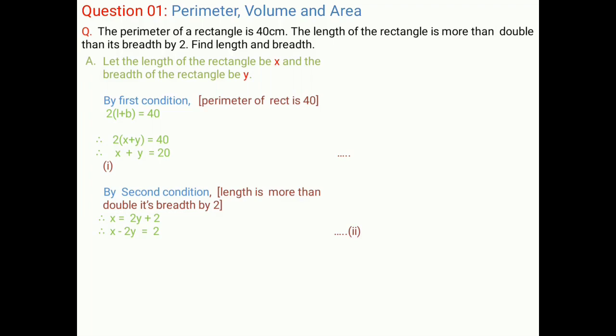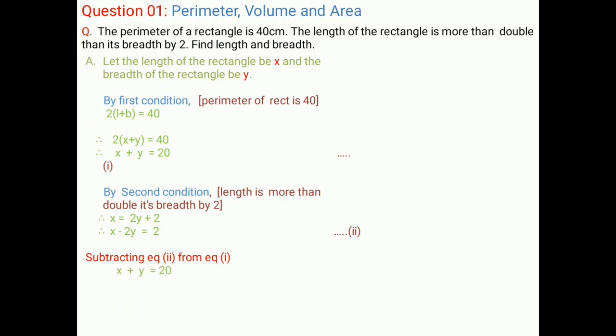Since coefficients of my variable x are the same and the signs are similar, I will subtract equation 2 from equation 1. Remember, while subtracting, keep the equation with a greater constant on the top line and the equation with a lesser constant in the second line.